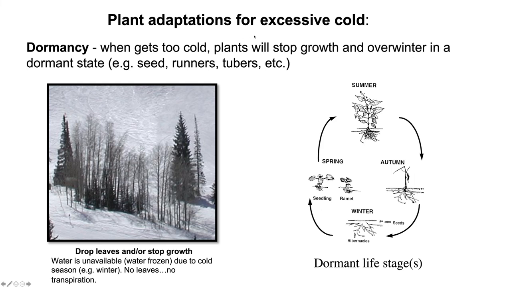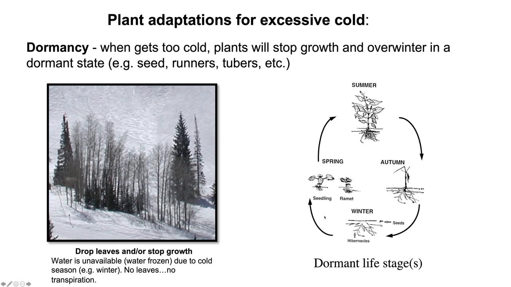The other thing that a plant can do is just have dormant life stages like we see in this perennial plant. So basically in the summertime, it's a big plant. And when the fall comes, the plant dies. So the plant completely dies off, except it drops some seeds. So this is basically a life stage that can sit out through the winter. And then when spring comes, those seeds can germinate and grow.